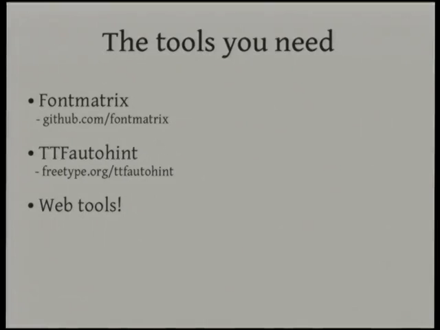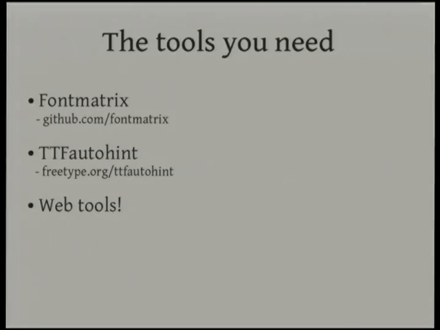Outside of FontForge, there are some other things that you'll probably want to have in your toolbox, like FontMatrix, which is, in theory, a tool for installing hundreds of fonts and only activating the ones you want to see, because you can only have so many fit on the screen before you're scrolling for minutes and minutes, and that's pretty annoying. But FontMatrix does include some really nice things for looking at all the characters in the font and comparing 2 fonts overlaid on top of each other.